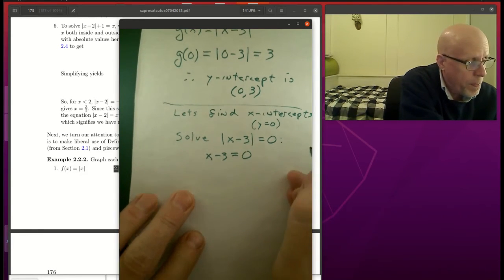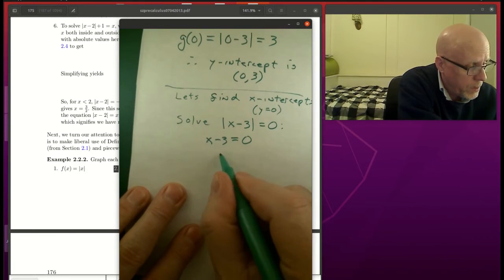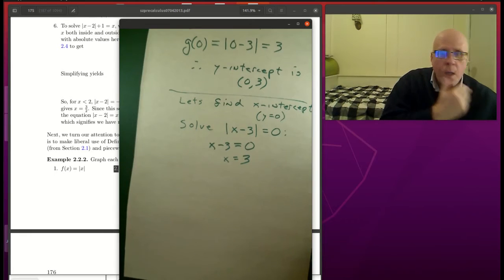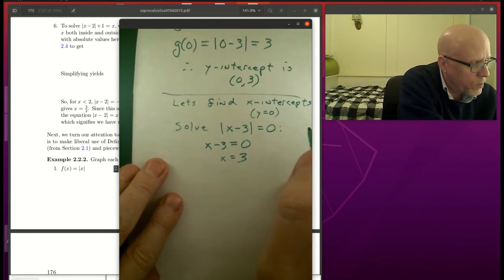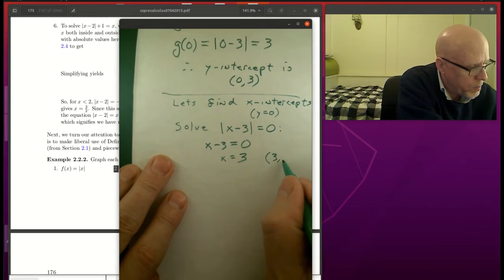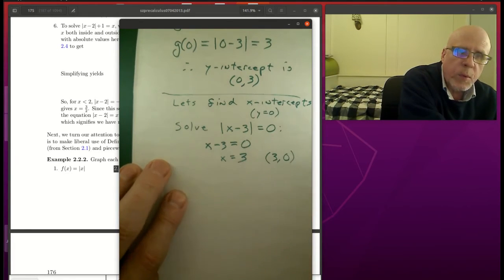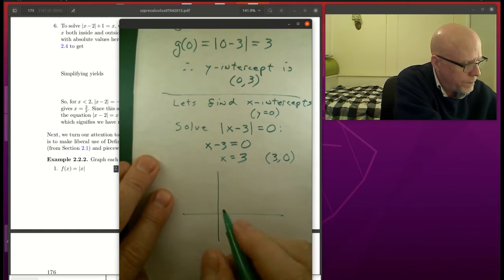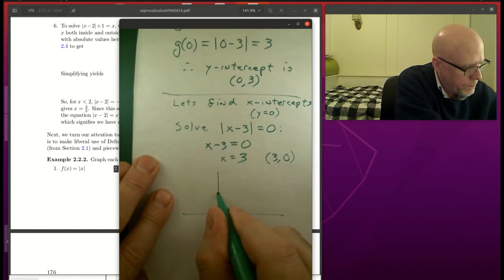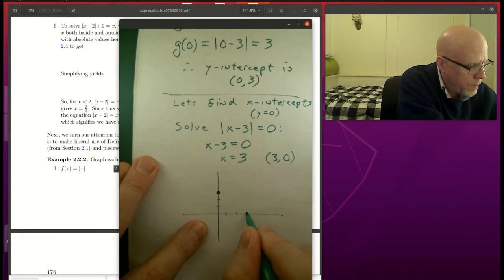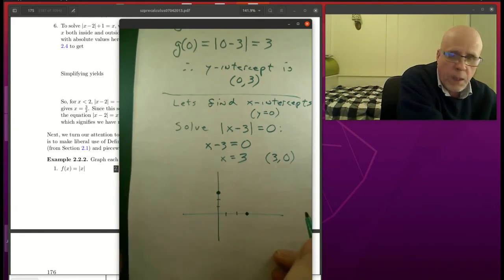Well, what does that say to you? x has to be equal to 3. So now I've got 2 points on the graph. This is the point 3 comma 0. The other one was the point 0 comma 3. Here's (0, 3), here's (3, 0). So that's 2 points.